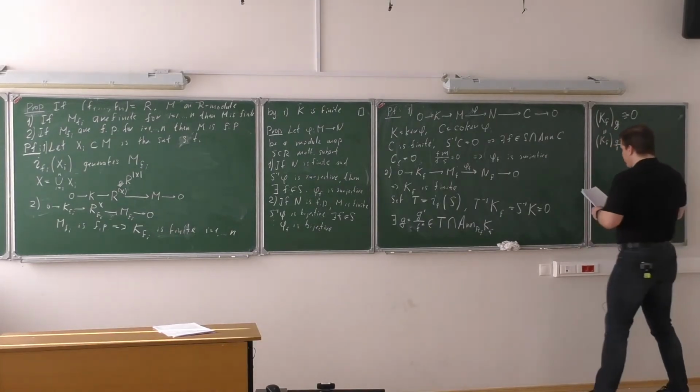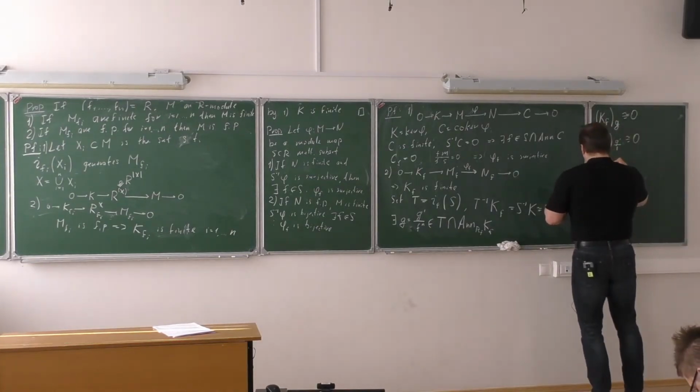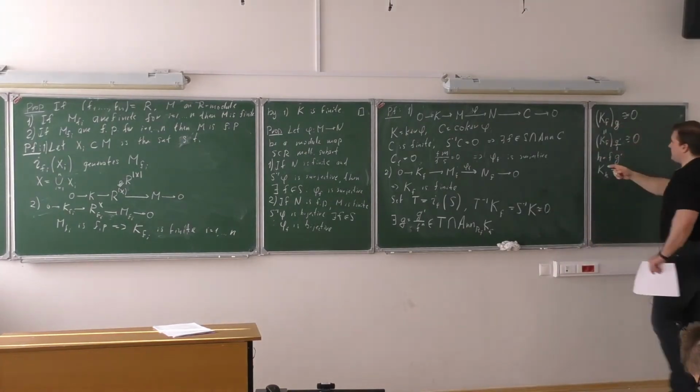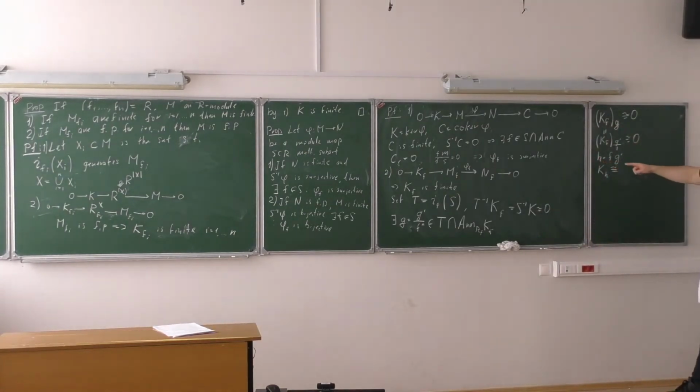So now I claim the following. I just set h to be the product of f and g prime. And then if I localize K at the element h, if I want to invert f times g prime, I have fractions where I have some element k over f to the n, just by multiplying this by the element g prime to the n.